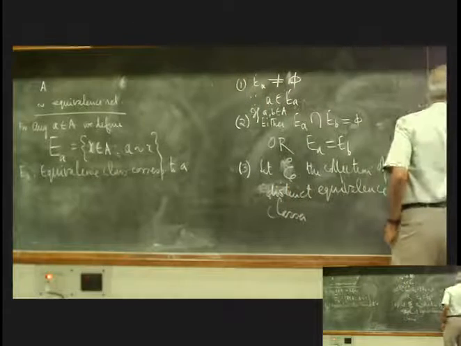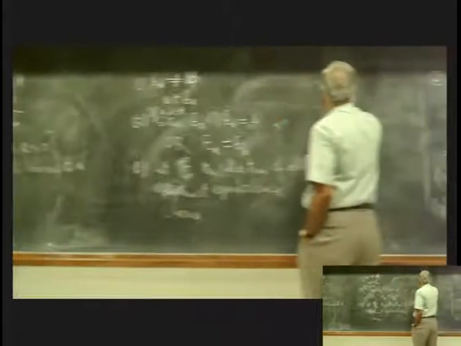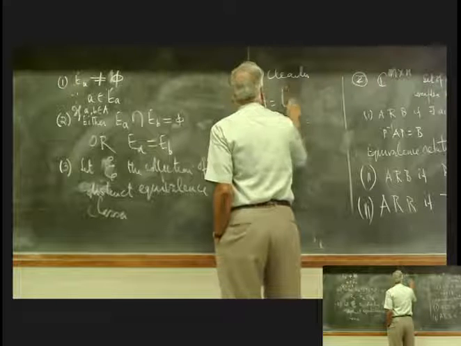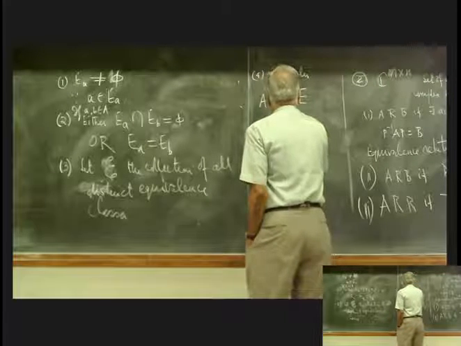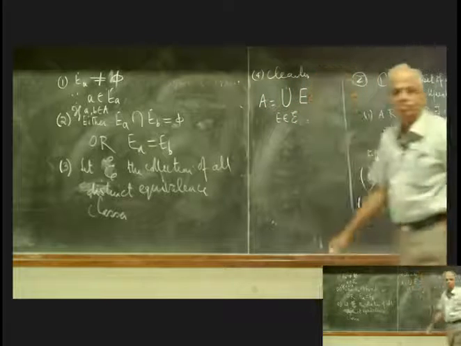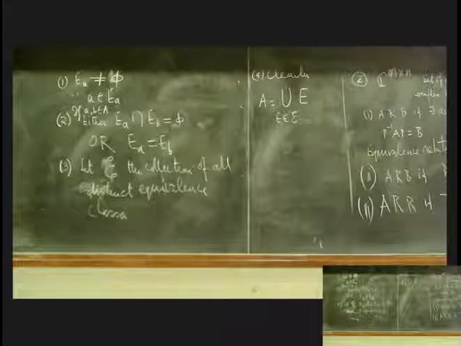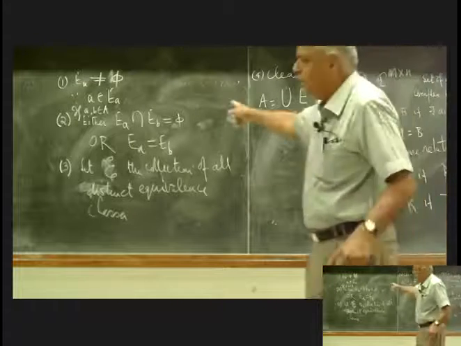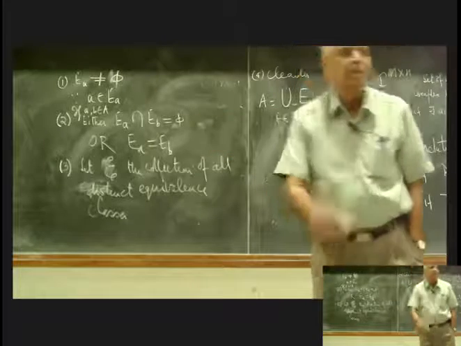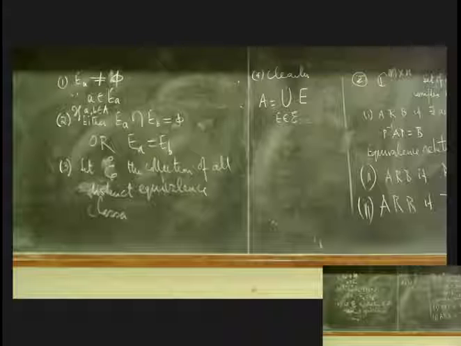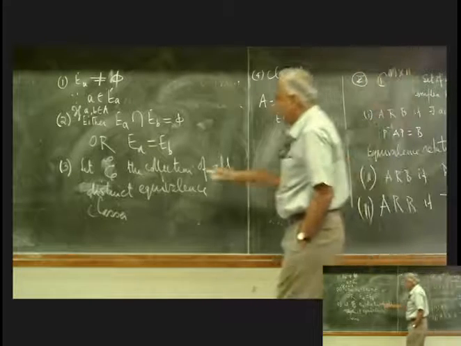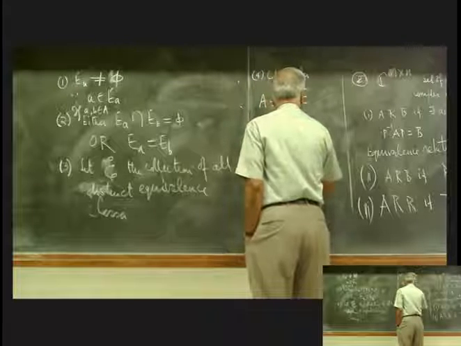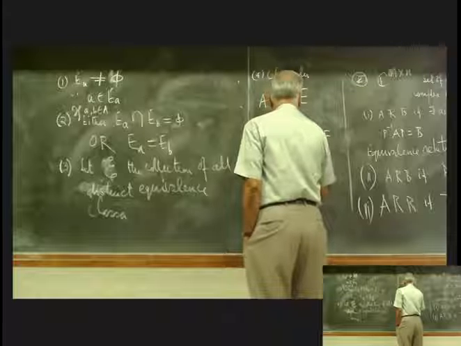Then, clearly, the set A is equal to the union of all E such that E is in this collection. Take the union of all these distinct equivalence classes, then it is the whole set, because everybody is in one of the equivalence classes and everybody has been taken care of. All the distinct ones have been taken care of. And because they are distinct, for E, F belonging to the collection, E not equal to F implies E intersection F is empty.